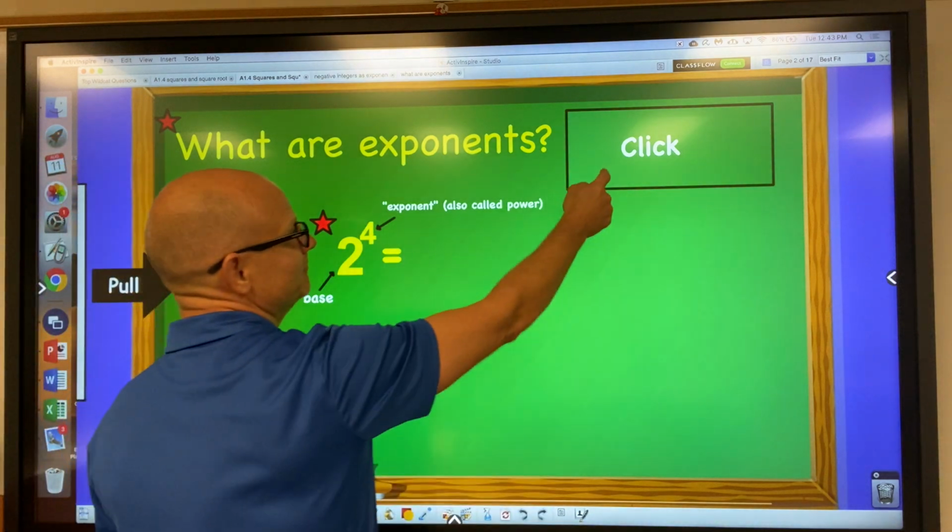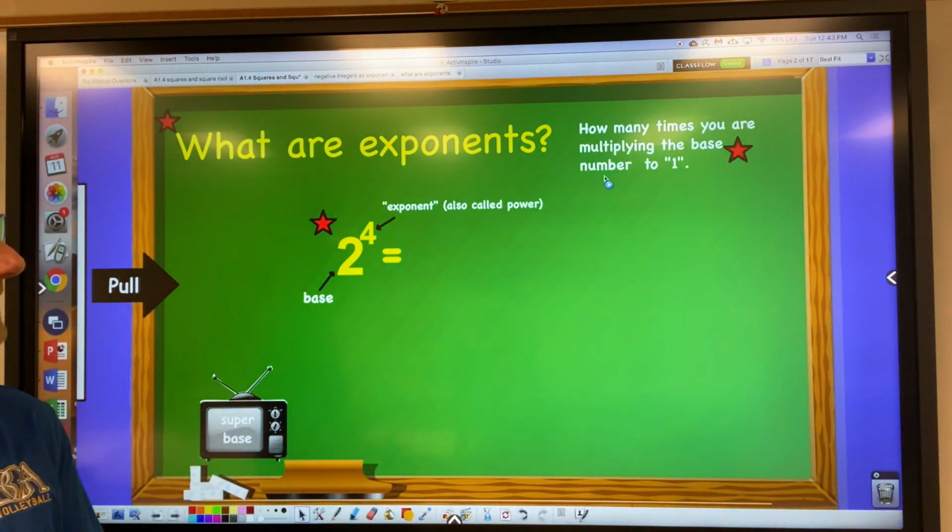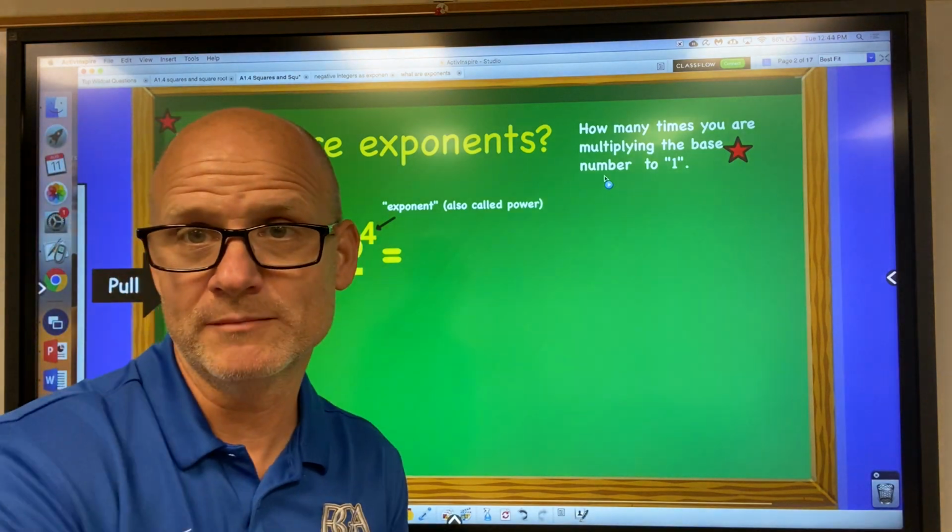So what does that mean? Exponents just means how many times you are multiplying the base number to 1 by.